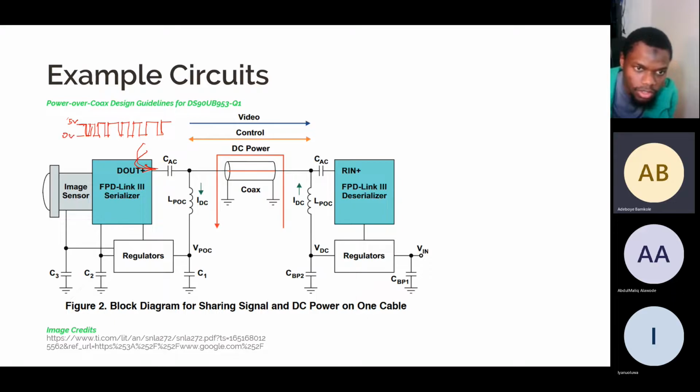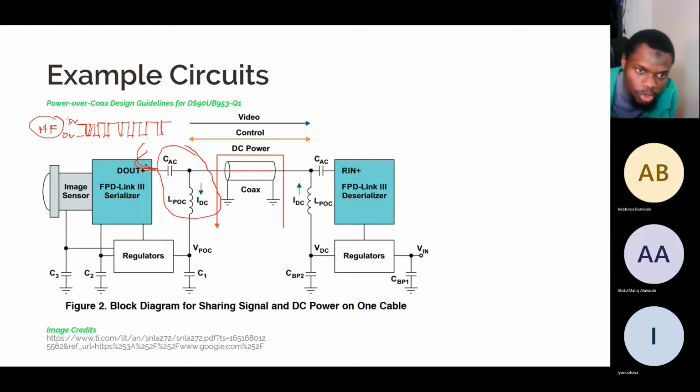So the signal is constantly changing between 5 volts and 0 volts at a very high frequency. What this part allows you to do is, you want to use this same signal to power a device.